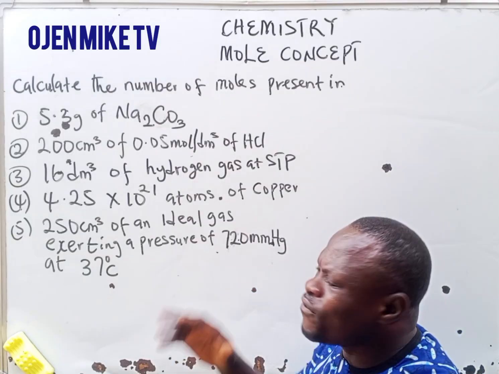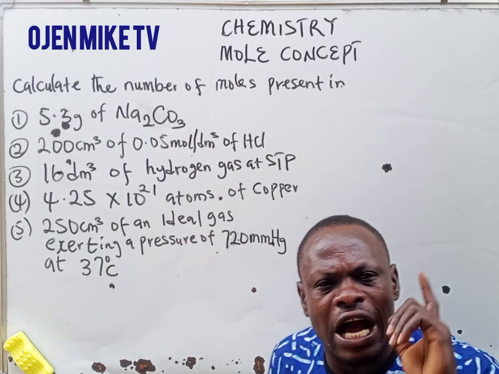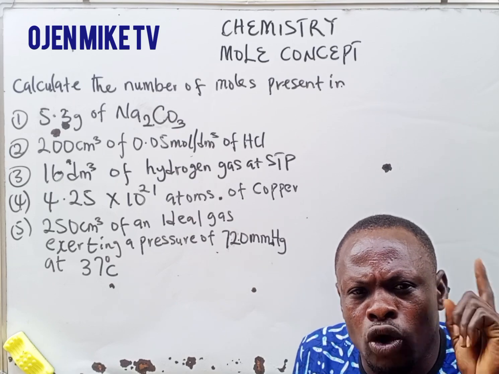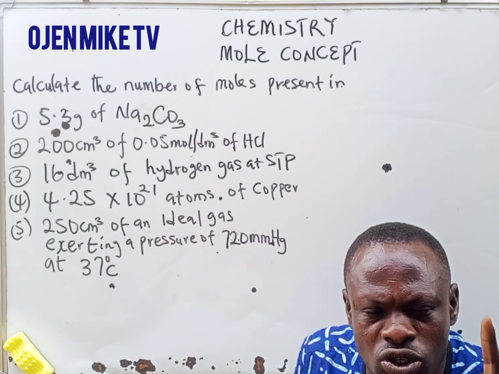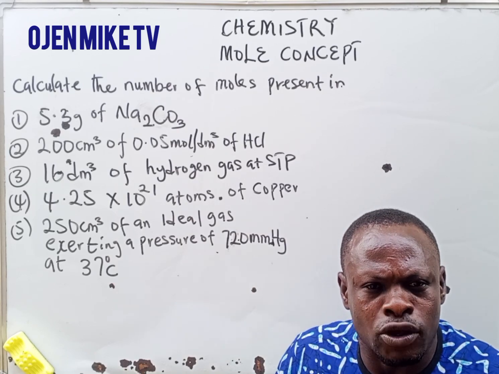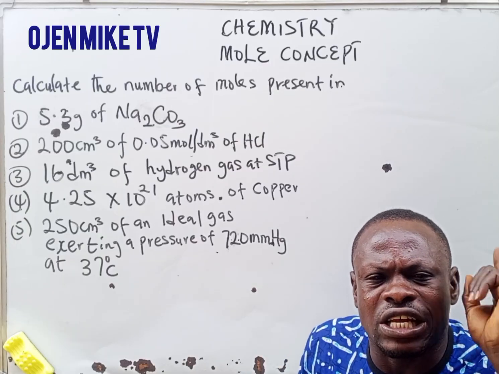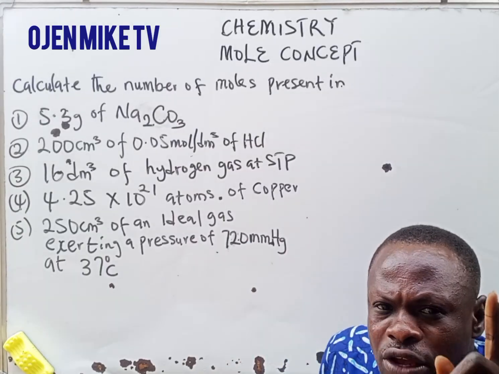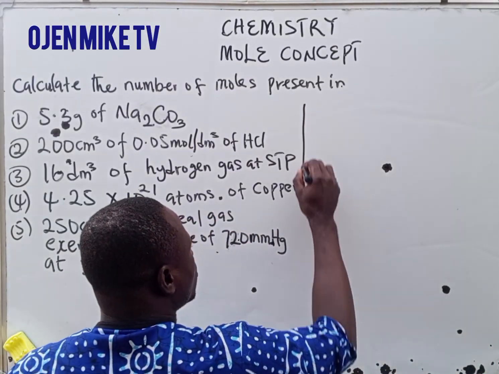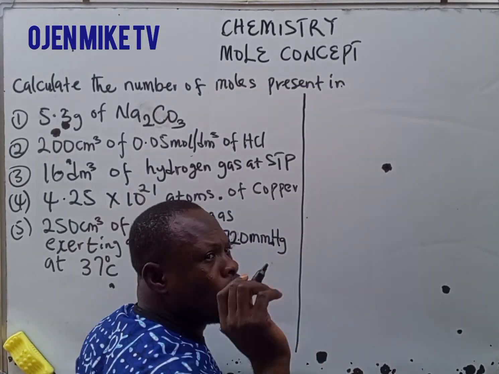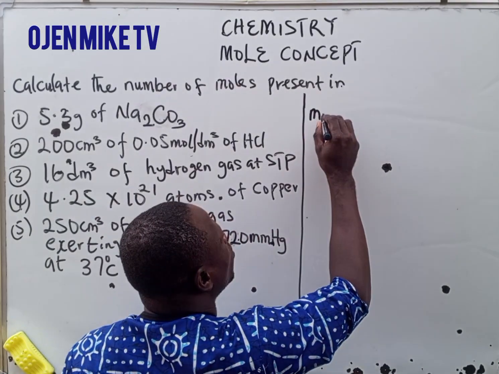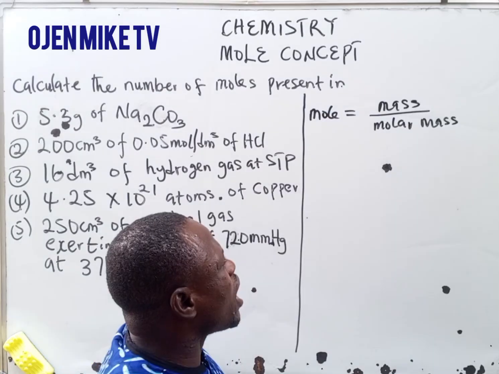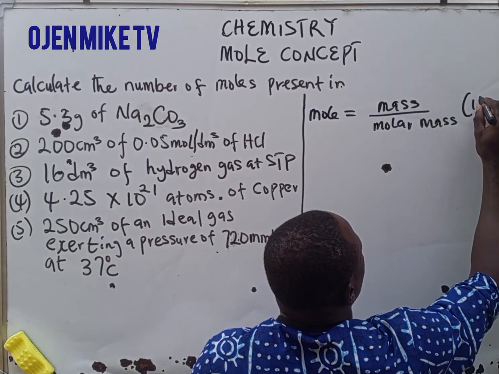Now we are going to look at the first way in which you can calculate mole, which is when mole is given in grams, when mole is given in mass. Mass, of course, the unit is gram. So anytime you see 'calculate the number of mole present in this many grams', this is the formula you are going to use. Mole is equal to mass over molar mass.